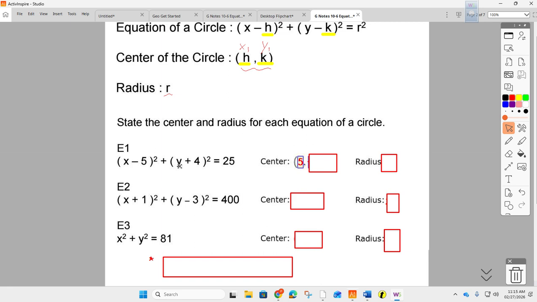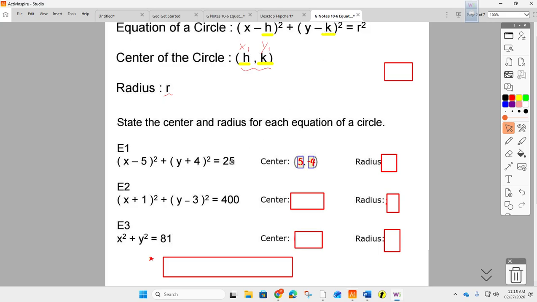Just so, here, y plus 4: if this is the equation of the circle, the y-coordinate has to be a negative, because that's the only way there would be a plus in that second binomial, right? So the y-coordinate for the center point is actually negative 4. When you plug negative 4 in here, it's minus a negative, which is actually a positive, right?